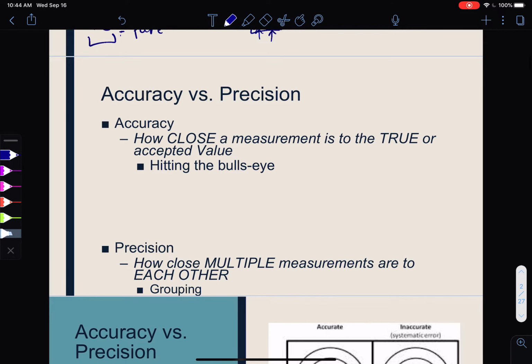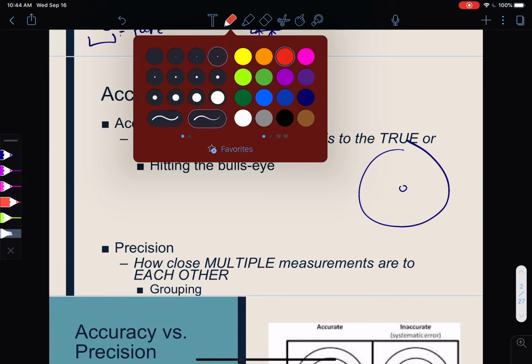Okay, so the next part is accuracy and precision. A lot of times this is easiest to understand if we think of it as shooting a gun or shooting at a target. If you're shooting darts even, it could be something like that. So if this is our target and this is our bullseye, let's analyze what it would look like to be accurate.